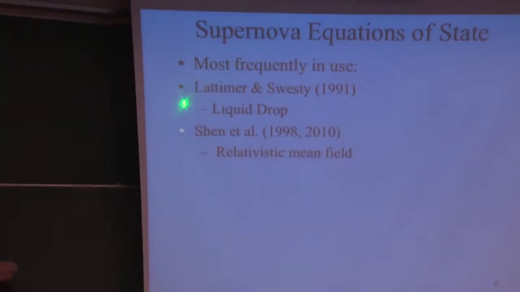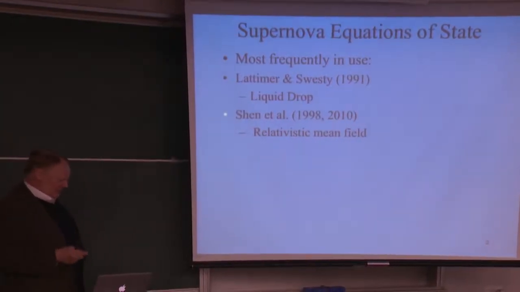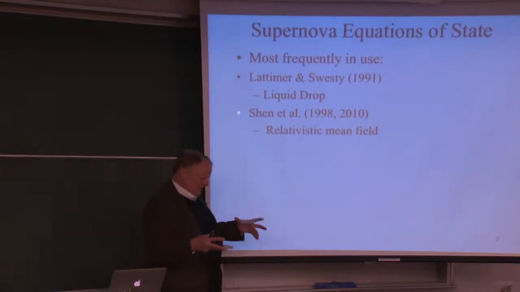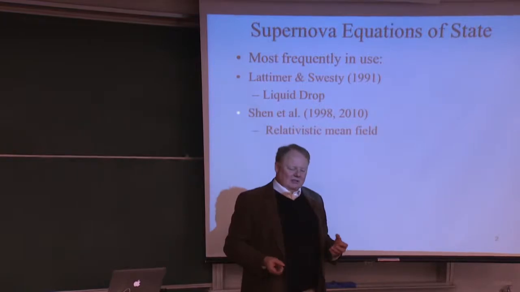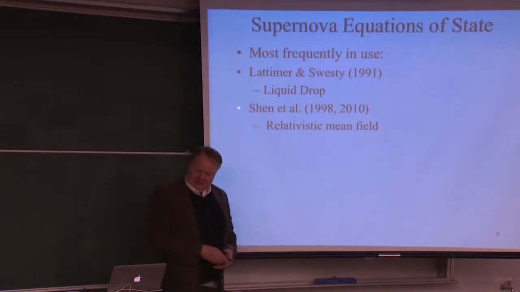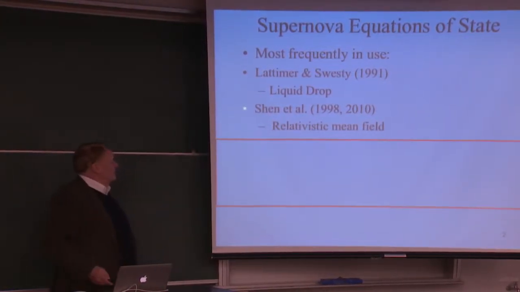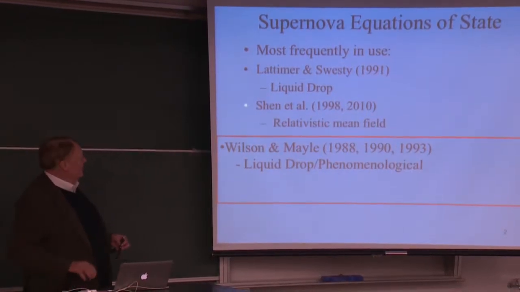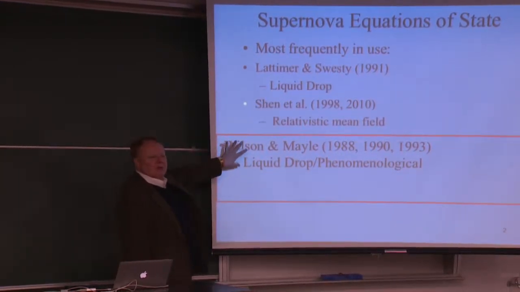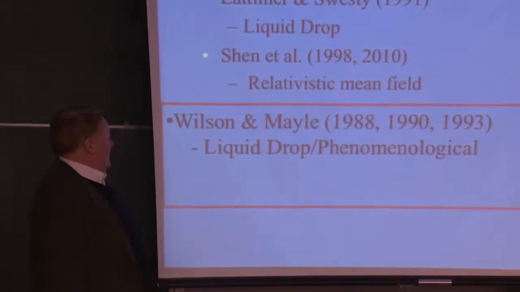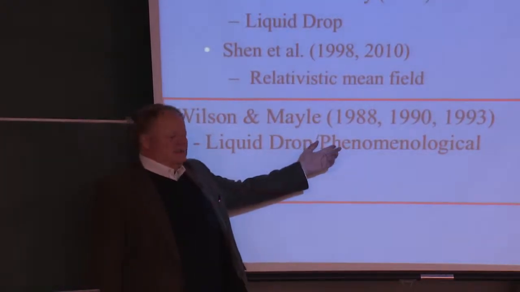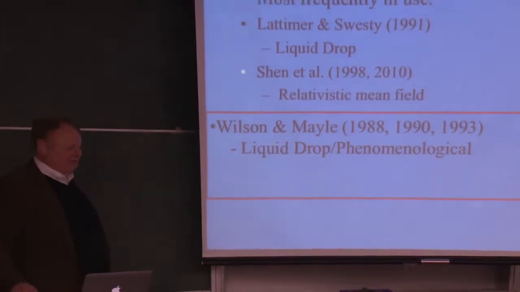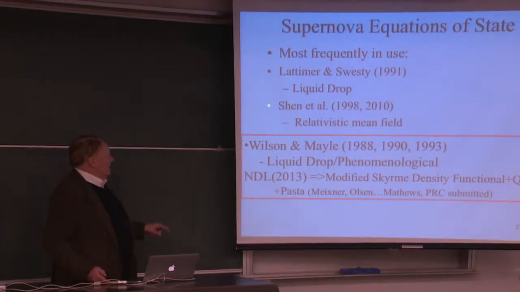The other is a more liquid drop, just the bulk properties of nuclei, their surface tension, their Coulomb repulsion, as the way it behaves as a liquid drop. There was a third equation of state, which is the one that we've used in our code since way back in the 70s, which is also a kind of liquid drop, but it's designed to be more phenomenological.